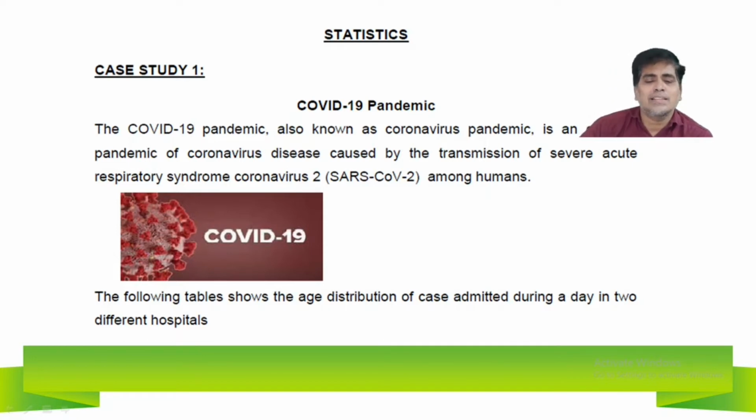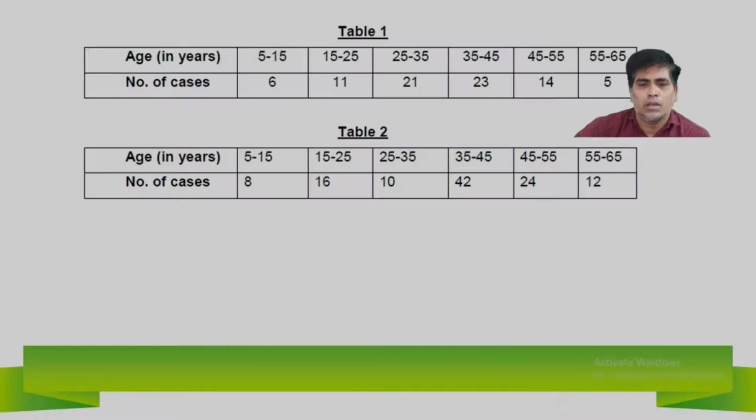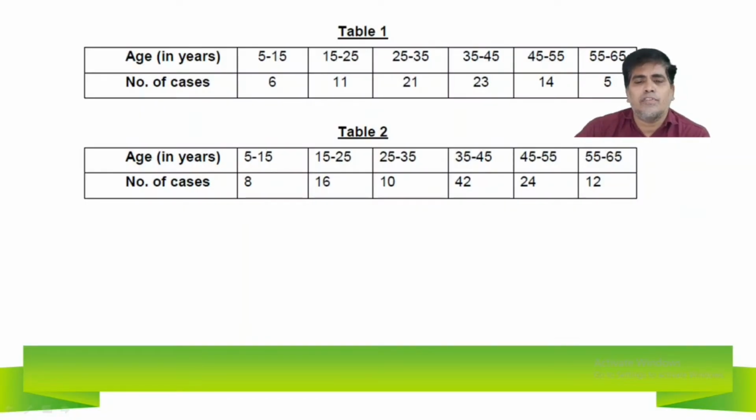He has given the age distribution, so which age is affected more? We will see based on the given data. Table number 1 refers to hospital number 1, H1, and table number 2 refers to hospital number 2. So in two different hospitals, we see how the coronavirus patients were admitted by different age groups.